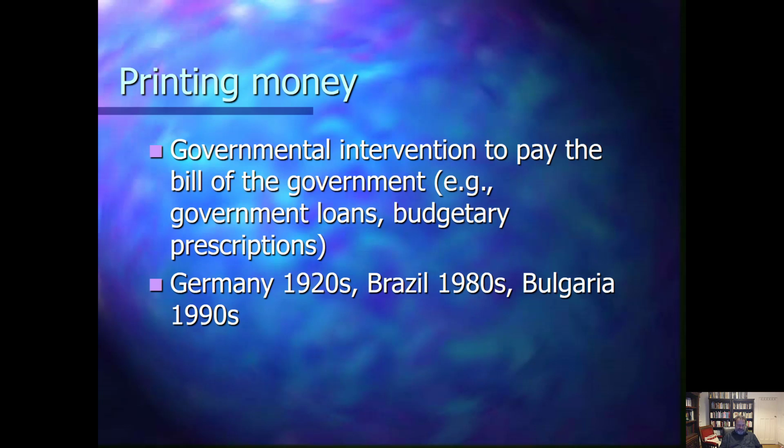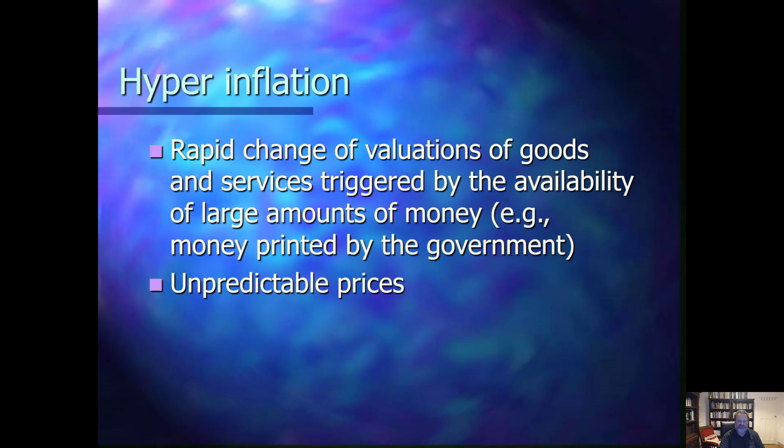This is when the economy is not generating enough revenue for the government to pay as much services that they intend to deliver. So, for example, this happened in Germany in the 1920s, in Brazil in the 1980s, in Bulgaria in the 1990s, more recently in Zimbabwe, when hyperinflation happens, when there is very rapid change of valuation of the goods and services, and the amounts of change, the jumps, are becoming very unpredictable.